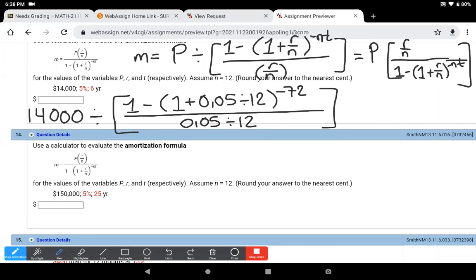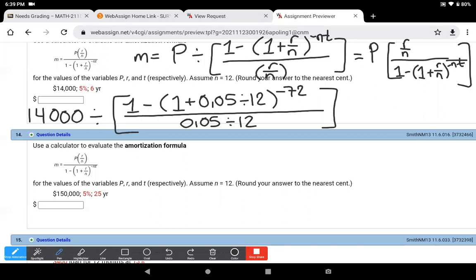14,000 divided by parenthesis 1 minus parenthesis 1 plus 0.05 divided by 12 in parenthesis caret negative 72 in parenthesis divided by parenthesis 0.05 divided by 12 in parenthesis equal sign.